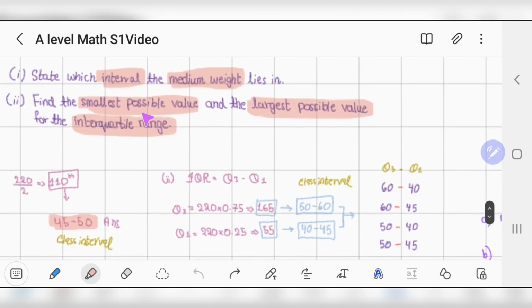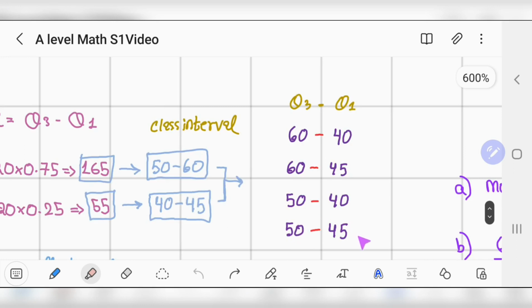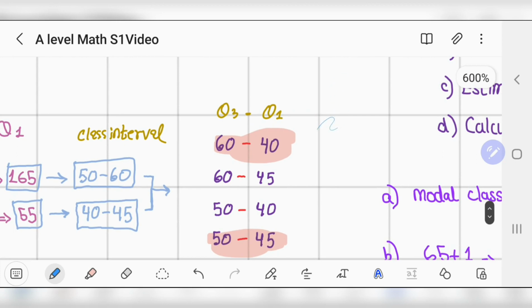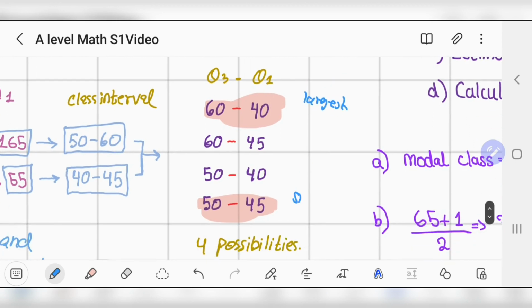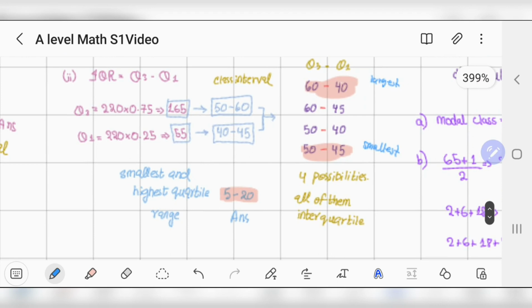So to find the smallest possible value and the largest possible value, the smallest possible value would be 50 minus 45, and the largest possible value could be 60 minus 40. So this is the answer. This is the largest interquartile range, and this is the smallest interquartile range.